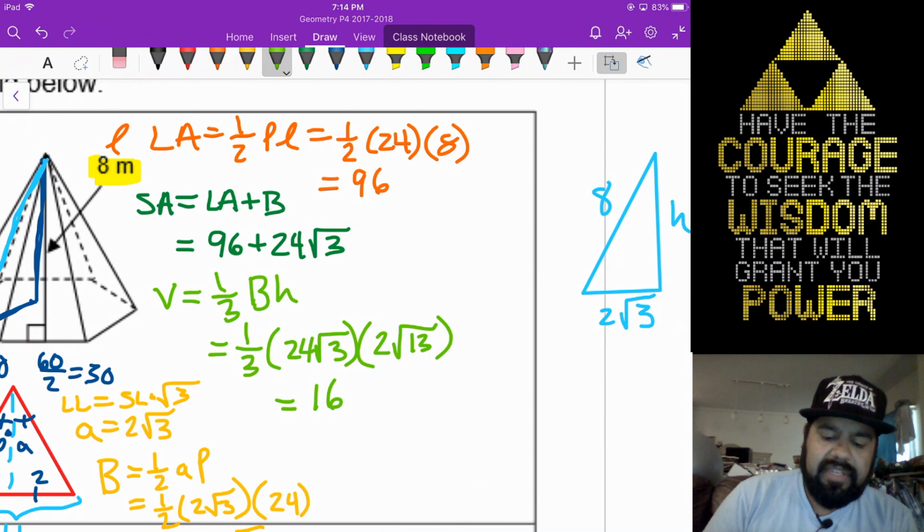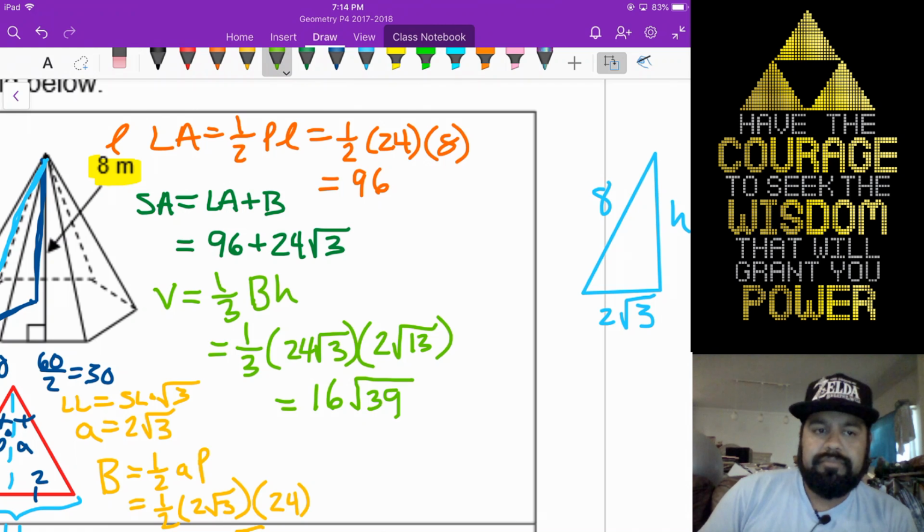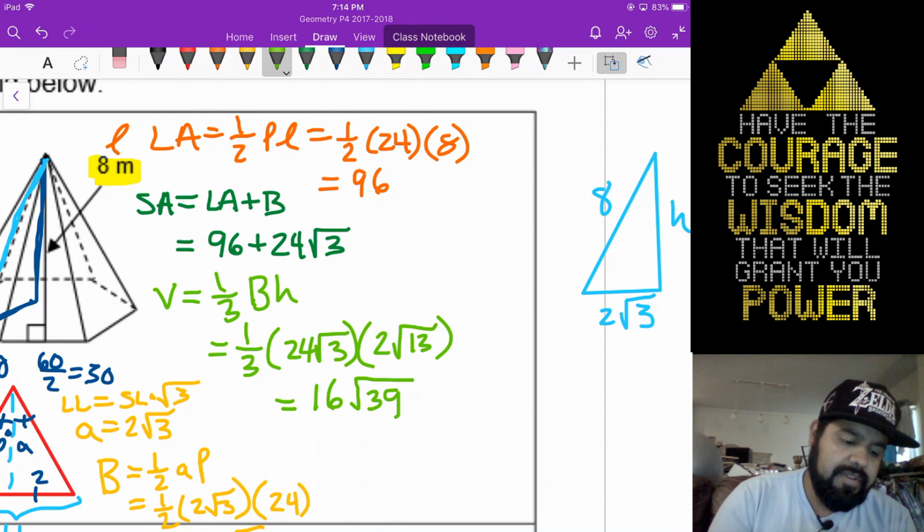The square root of 3 times the square root of 13. Both are prime numbers, so I know I can't reduce them afterwards, so it's just going to be the square root of 39. So 16 rad 39. And so that is our volume, Isaac.